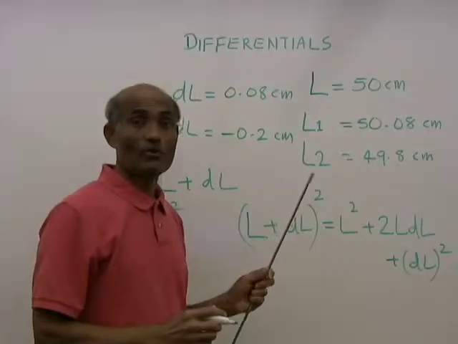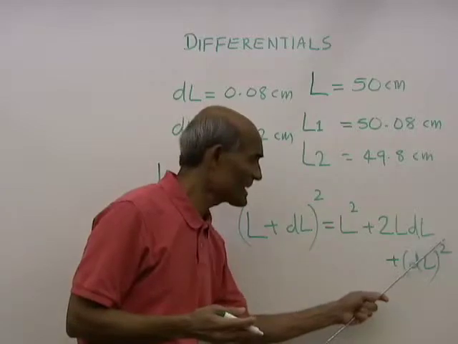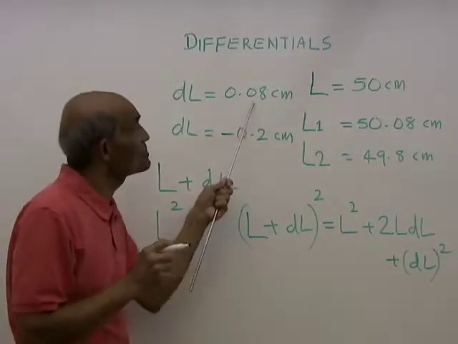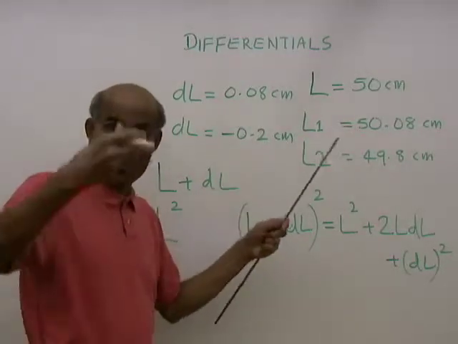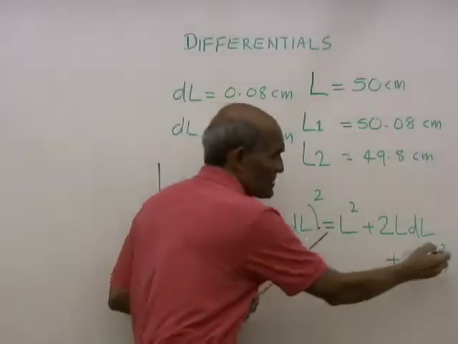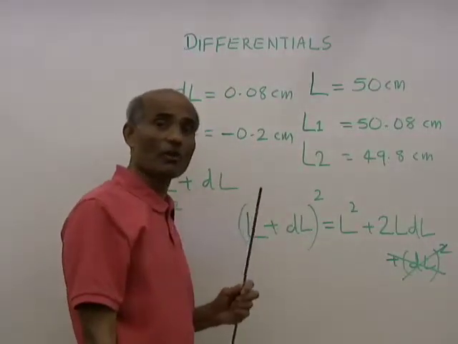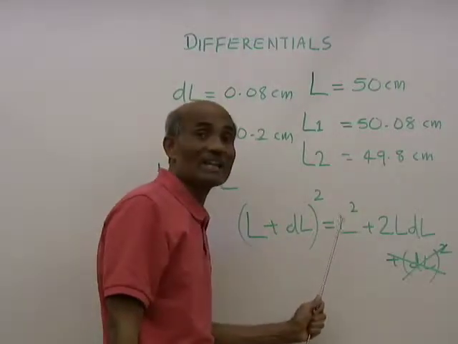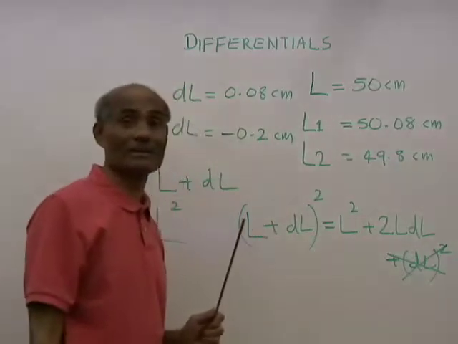Now, for the purpose of calculation, is it reasonable to say that because DL is a very small value, in the case of the first student, that DL is 0.08 centimeter. When you square it, it becomes even smaller. So this can actually be ignored. And therefore, we can say L plus DL all squared is L squared plus 2LDL.